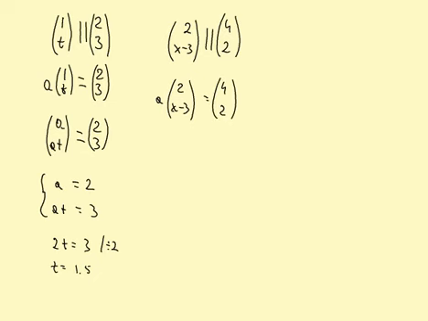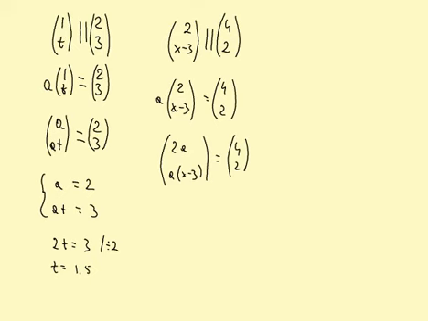Multiplying a vector by a scalar, we multiply each coordinate by the scalar. So it is 2a, and the second coordinate is a times x minus 3, equals the vector of coordinates 4 and 2.